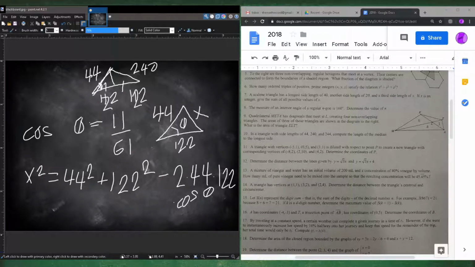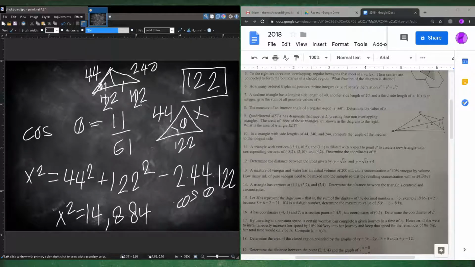You get 14,884 as your x squared. Now you just want x, so you square root it, and you get 122. So your answer for x, the length of the median, which is what you were looking for in the question, is just 122.